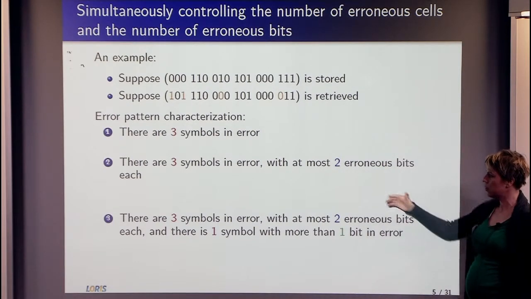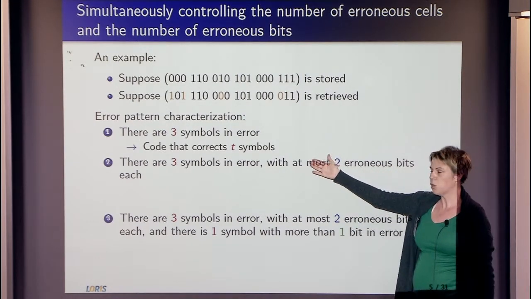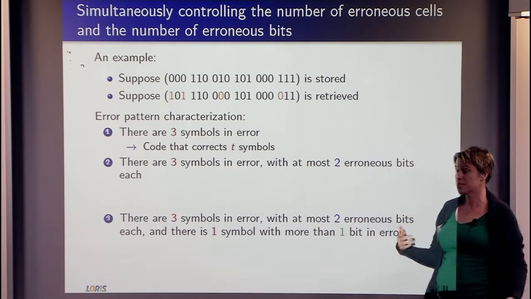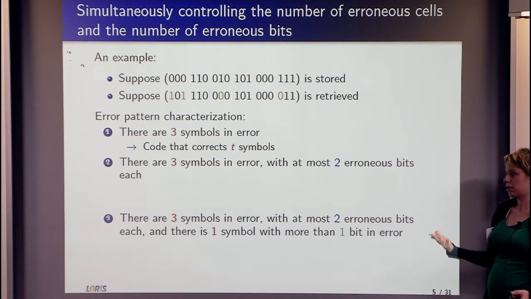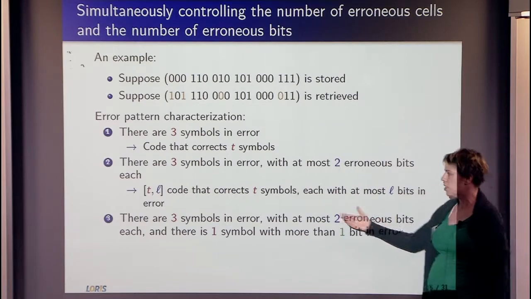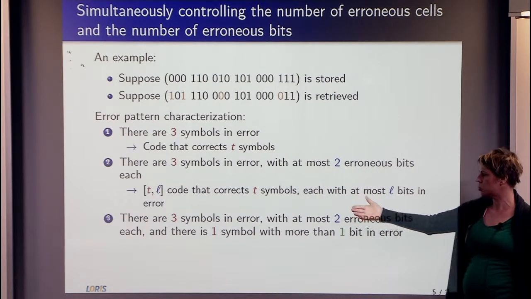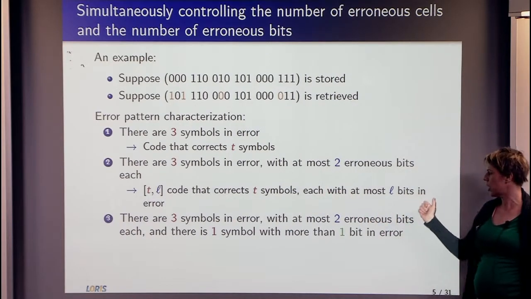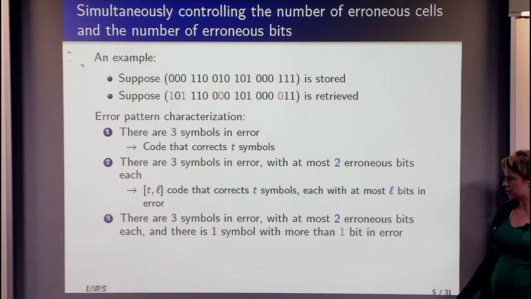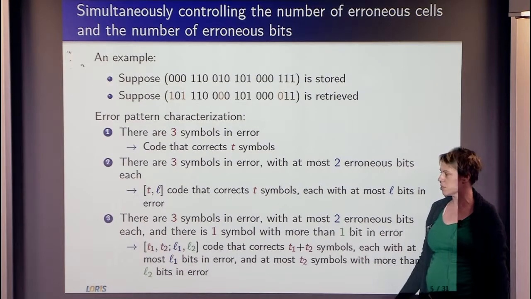So what kind of codes would we build for this? If you're looking only at the symbol level, you say, let me just pick a standard symmetric T-symbol error correcting code. In this case, perhaps we can look at a code that corrects T symbols, which have at most L bits in error. I have not introduced the code, but this is how we would do it. And based on the sentence under item 3, I can define a code that has more parameters associated with it.